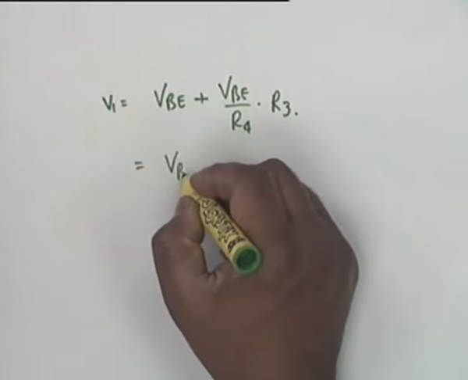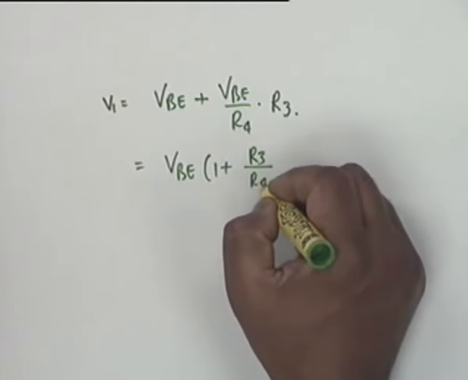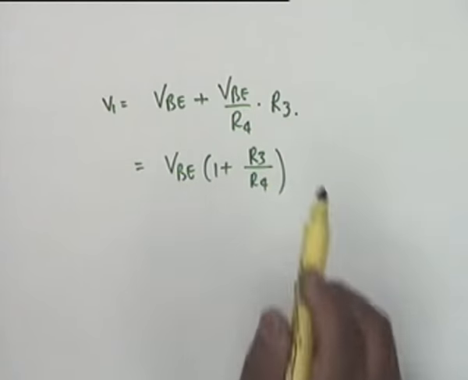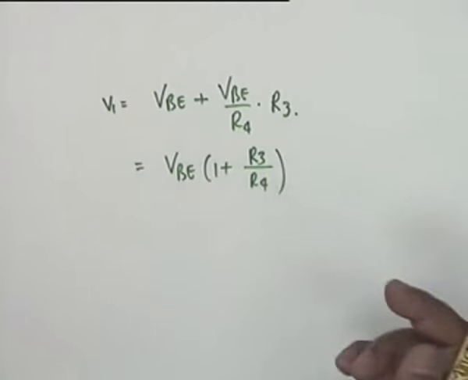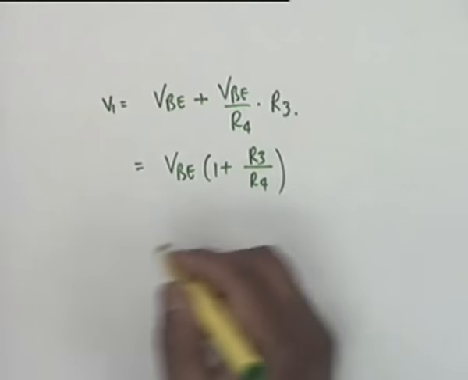That is equal to VBE times (1 plus R3 by R4). And this is why it's called a VBE multiplier. You can multiply this 0.7 by any quantity that you require more than 1. By choosing R3 and R4 properly, you can adjust to any level shift that you like.